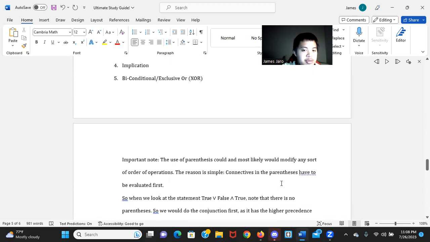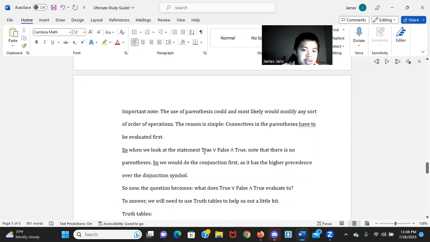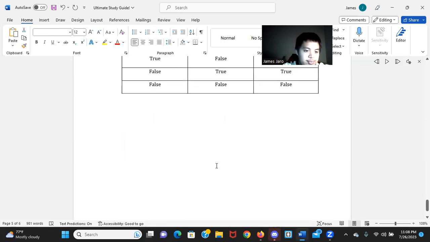And so now we have enough information to answer the question of what this evaluates to, using those truth tables.